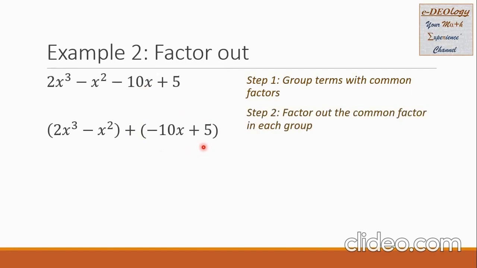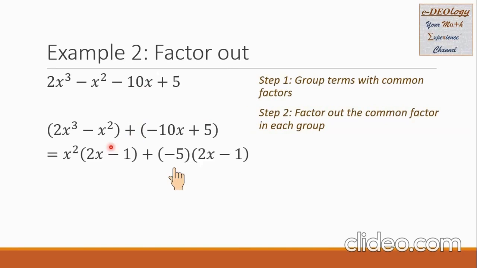In step 2, factor out the common factor in each group. The common is the x squared. So I'm going to pull out the x squared. So what remains will be 2x minus 1. In the second group, the common is 5.